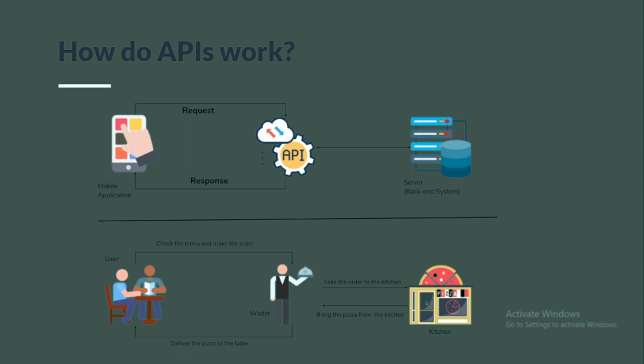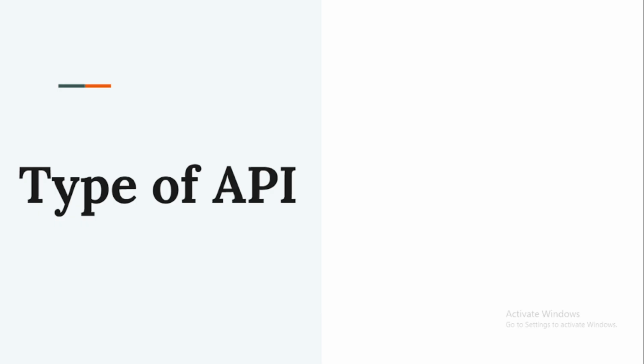What processing happens inside the kitchen, you don't know, what kind of mixing they are doing, you don't know, but you requested in the format of the menu and you get the output as food on your table. So this is the request and response from the user to the server. In a similar way, the mobile application communicates with the server of the weather data.